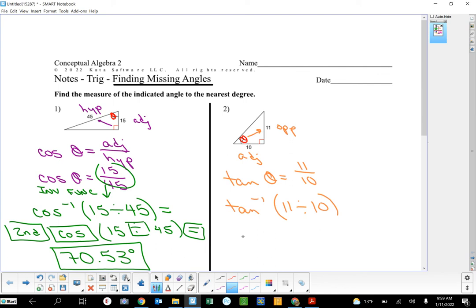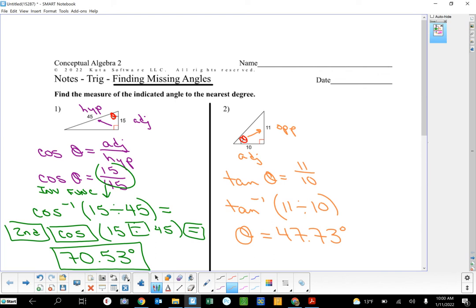And I get my theta, or my angle, is equal to 47.73 degrees. Okay, so that is how we are going to take care of these and find a missing angle.